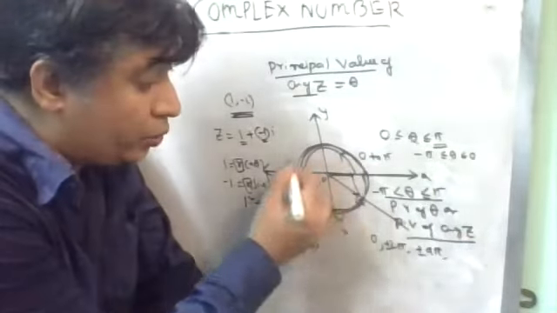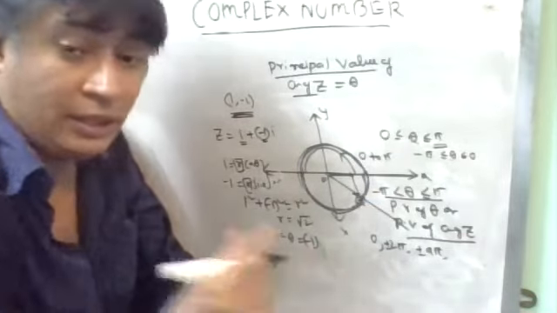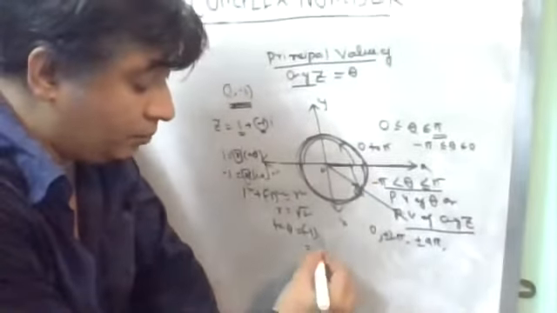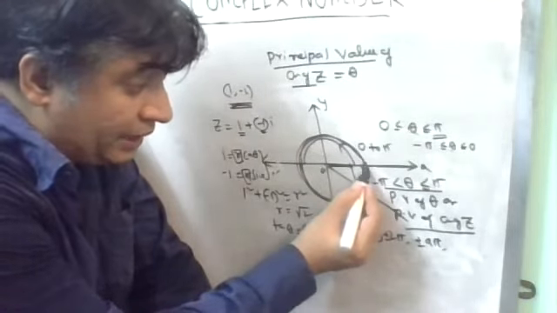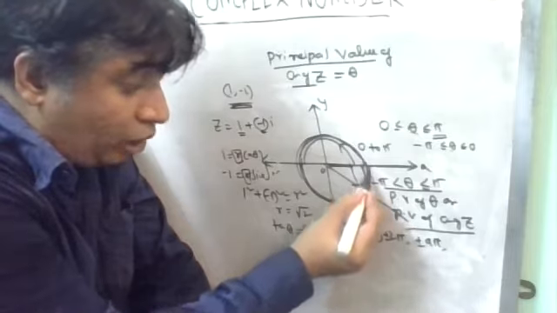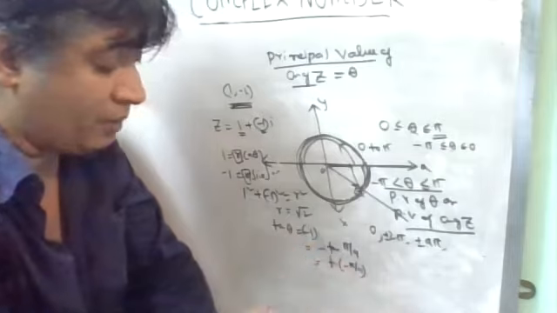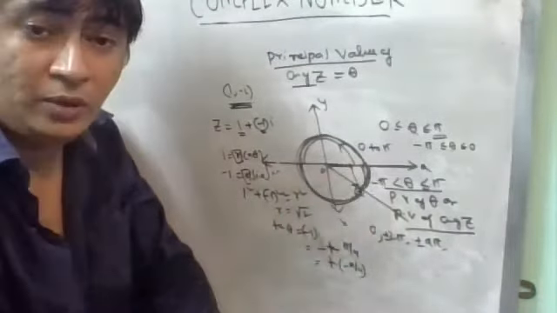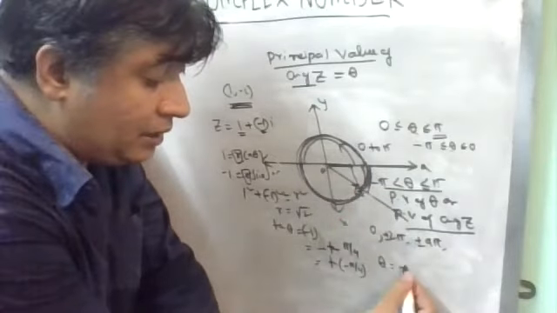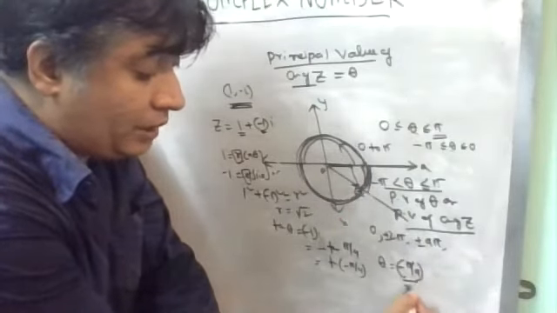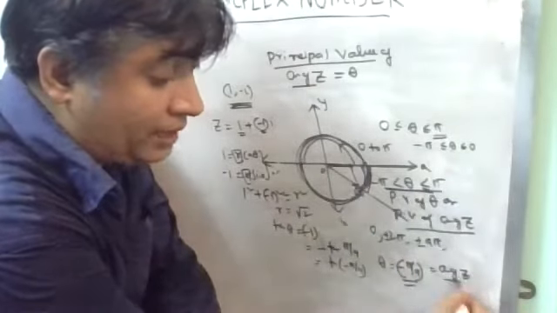So minus tan pi by 4 means tan of minus pi by 4. So theta can be minus pi by 4. Does it satisfy this interval? Yes. So this is the argument of z.